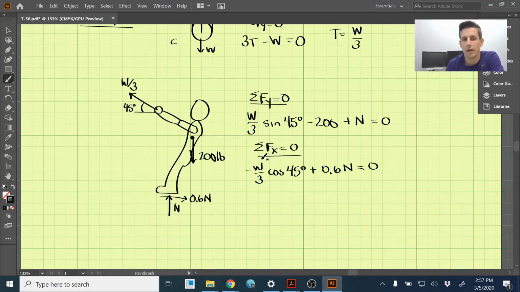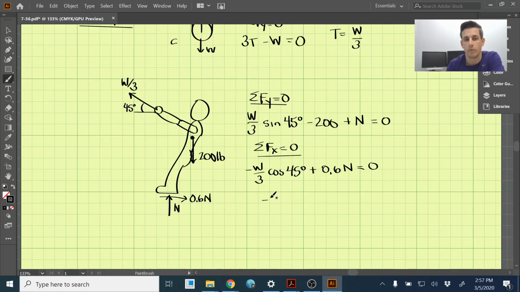I think the easy way to solve these two equations is to add them together. We'll take this value and add it to this value, and adding the right-hand sides should still be 0. If you remember, sine of 45 is the exact same thing as cosine of 45 degrees. So adding these two together, they cancel each other out, so we get 0.